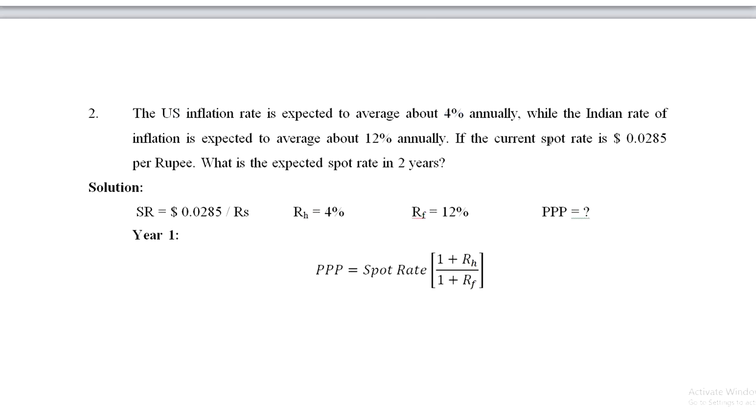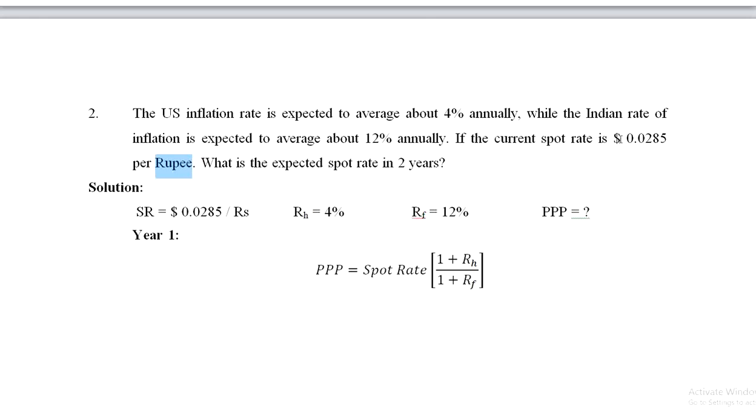If the current spot rate is $0.0285 per rupee, which means to say that to purchase one single rupee, an American is paying 0.0285. Hence we can say that the US is the home country, whereas the Indian rupee, what we are going to find out, is the host country.